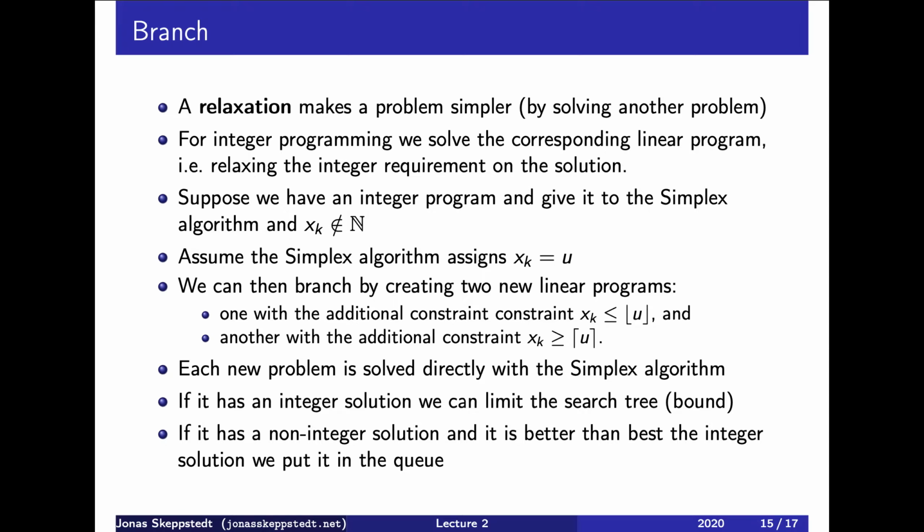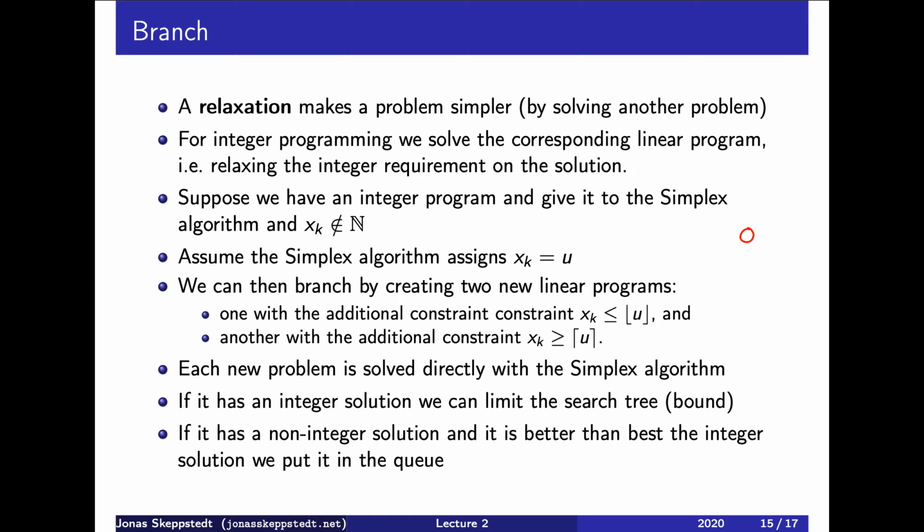We start with an integer program. So we say that this is a node in a tree. Okay, and then we use something called a relaxation, and that means solving not exactly the same problem, I mean, not exactly the integer program, but a simpler problem. And what we hope is to get some useful information back.